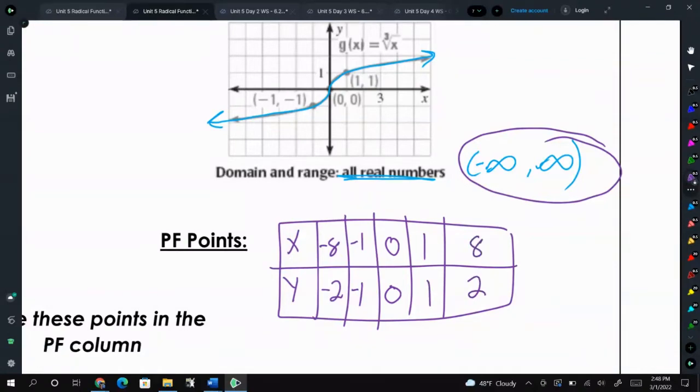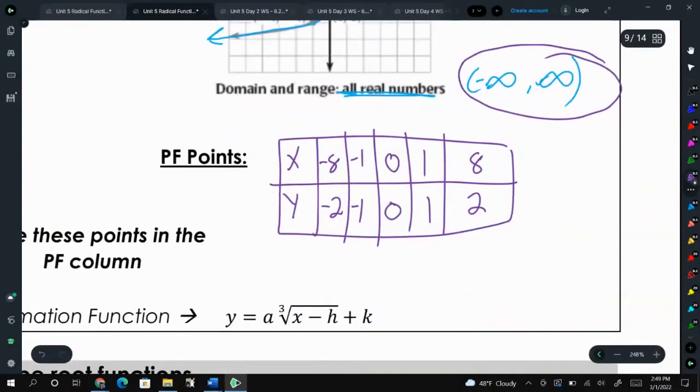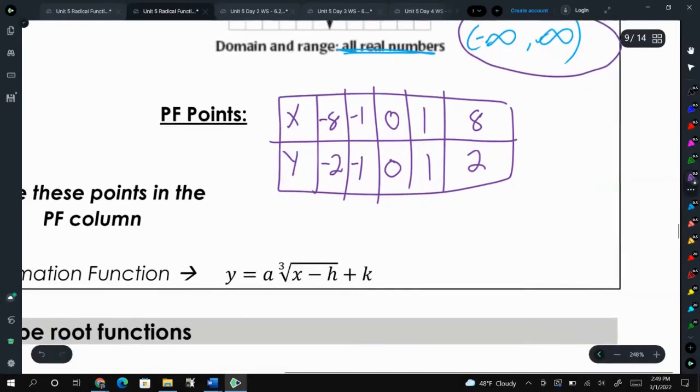So when we graph these, we're going to use this table, but still make that third row and multiply all the y values by a. And just like with the square roots, we have our h and k, and that will move our graph left and right and up and down after we graph the third row here that we're going to add.